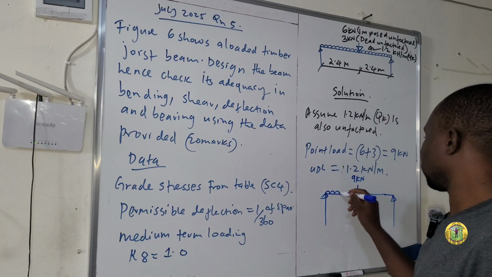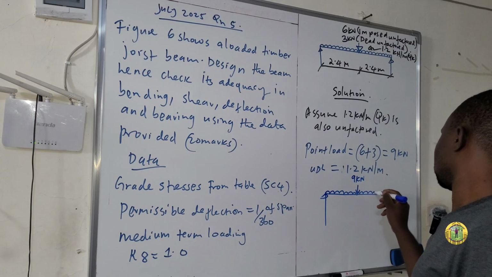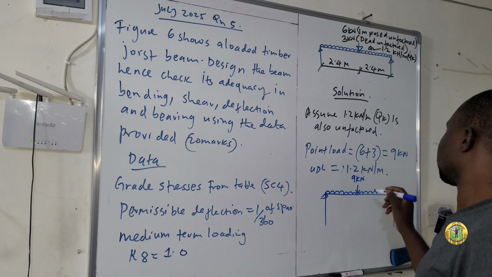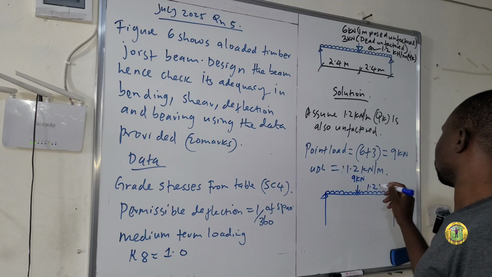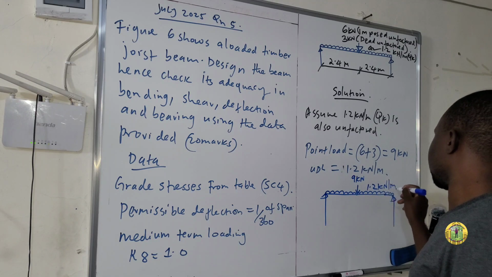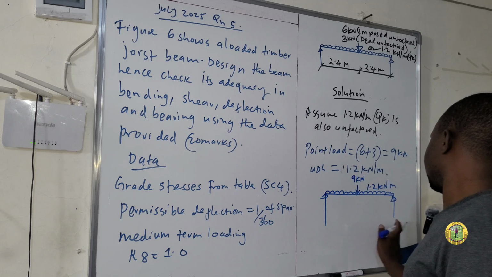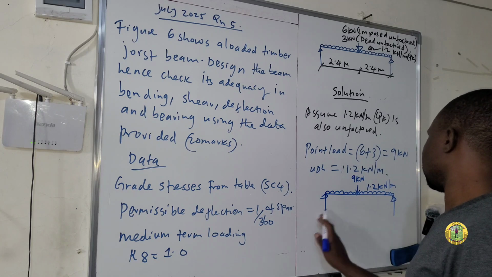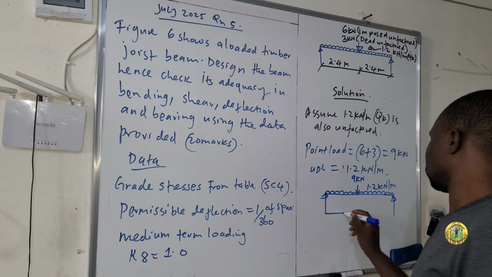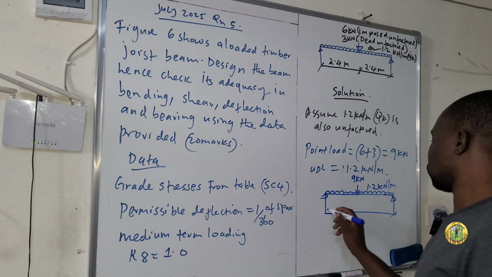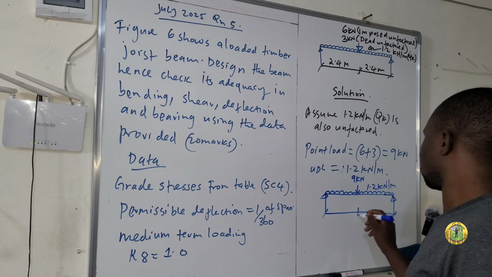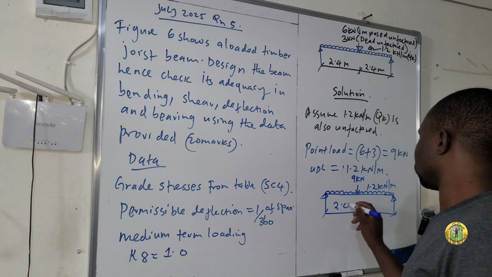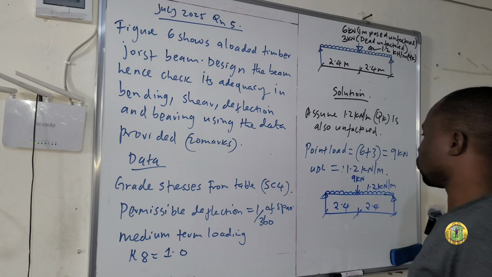And then you have the UDL, which is 1.2 kilonewton per meter. And then the span, or the effective length, is 2.4.